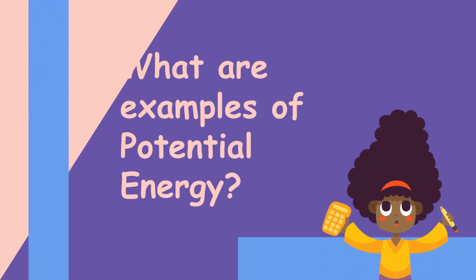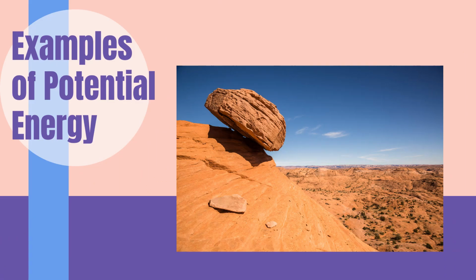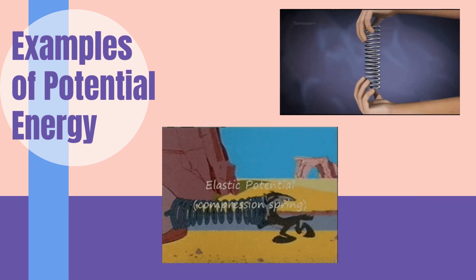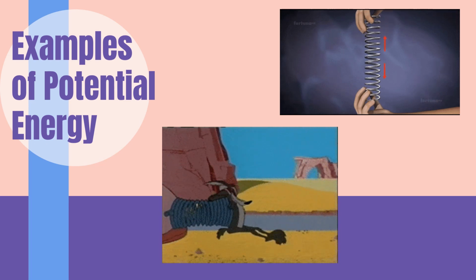Now, what are the examples of potential energy? One of the examples of potential energy is the rock that is on top of the mountain. Another example of potential energy is a spring or a rubber band.